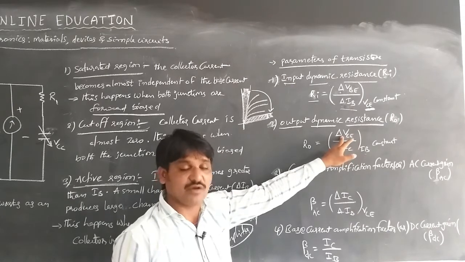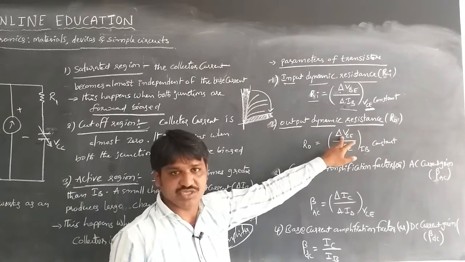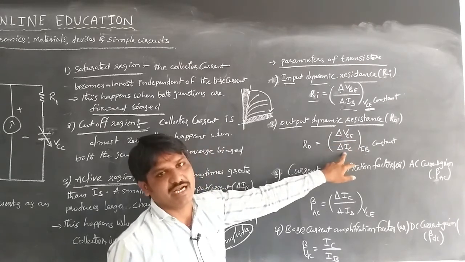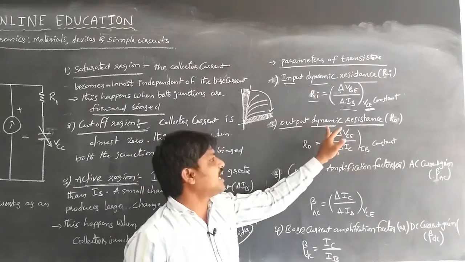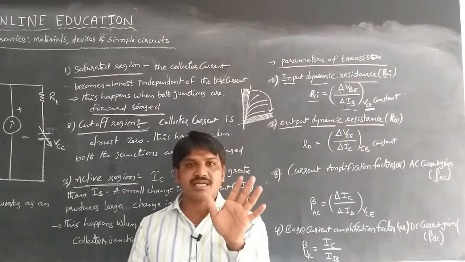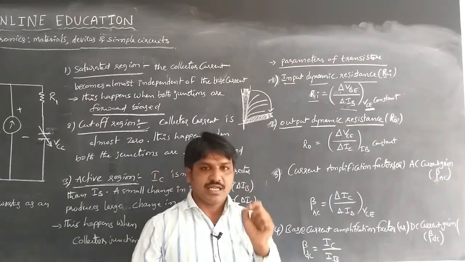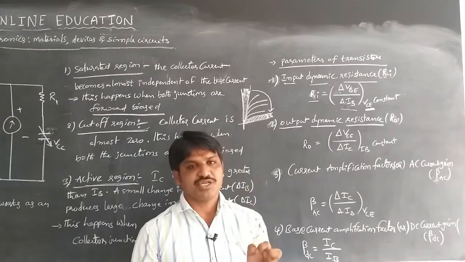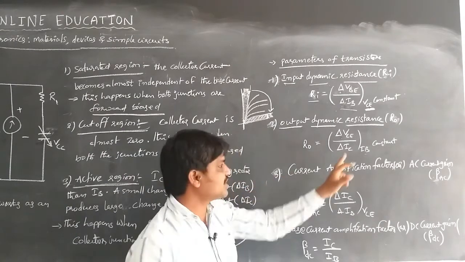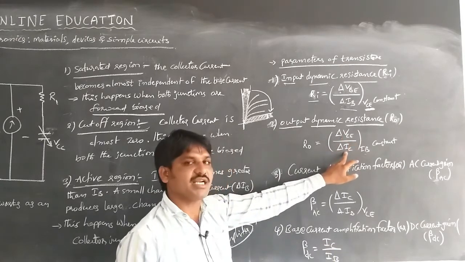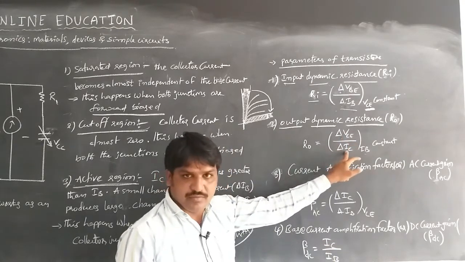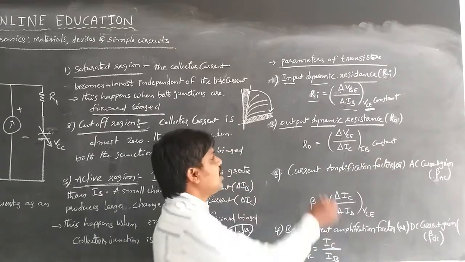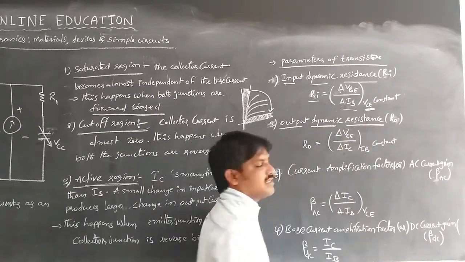The ratio of the change in potential across the collector emitter junction to the change in collector current, keeping the base current constant, is called output dynamic resistance.